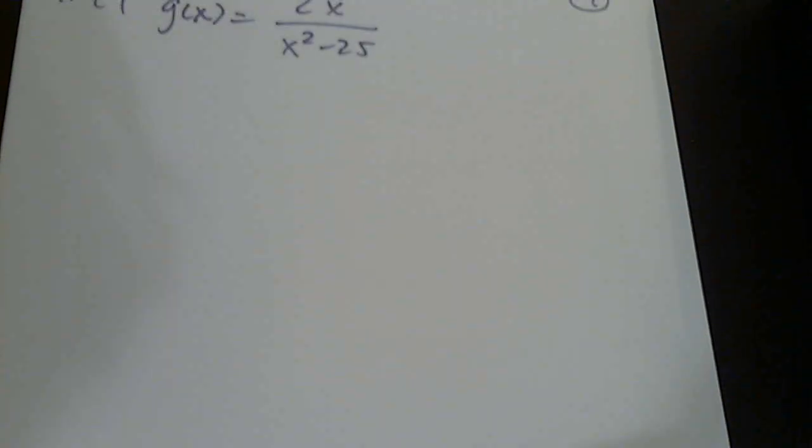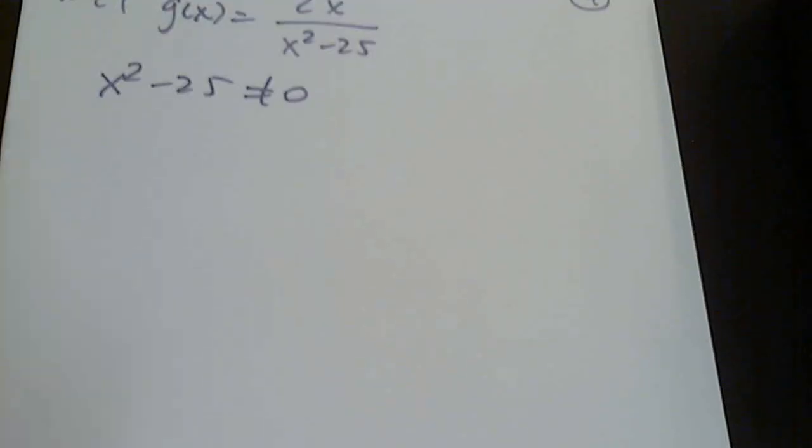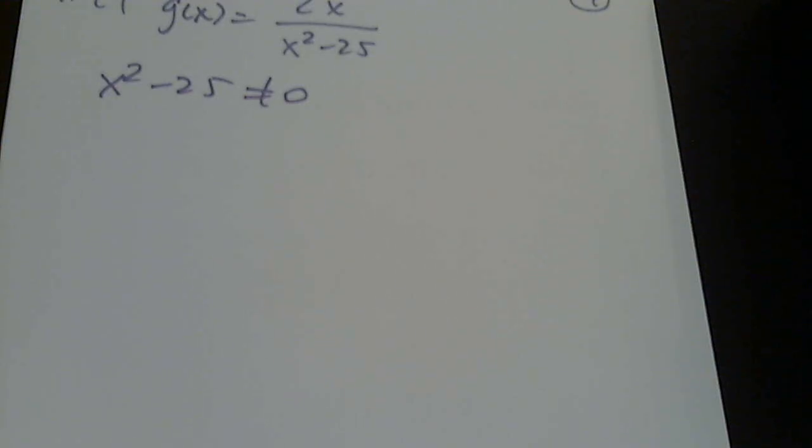So what could be the problem here? Where is the starting point? Please say something. What should I write? x squared minus 25 cannot equal 0. Excellent. Can anyone factor this for us or tell us the solutions?